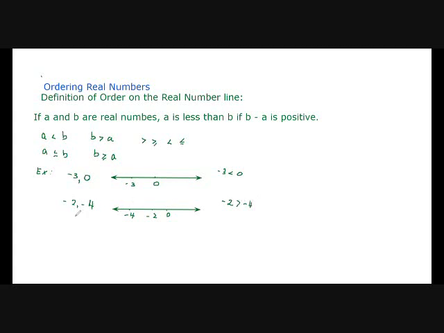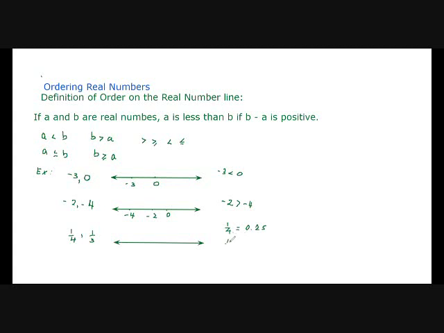How about if I give you a fraction, like 1/4 and 1/3? To compare them on the number line, which one do we convert? 1/4 converted to decimal equals 0.25, which is a terminating decimal.